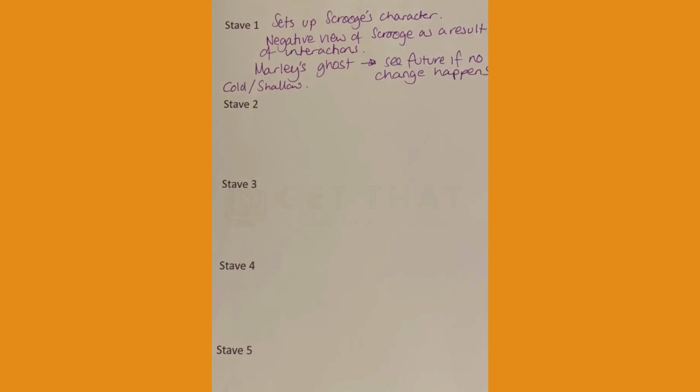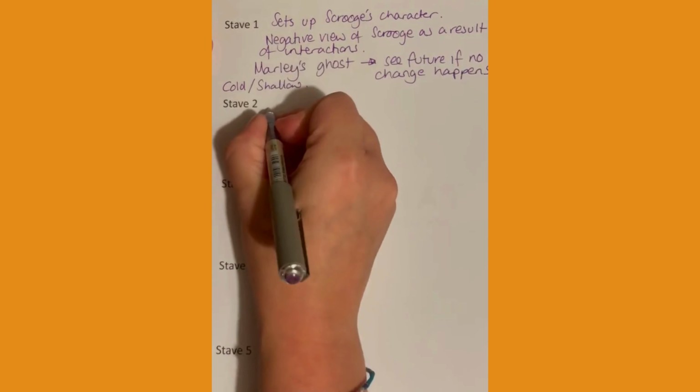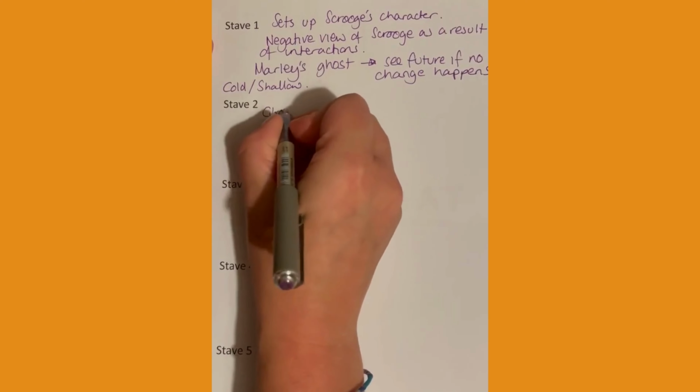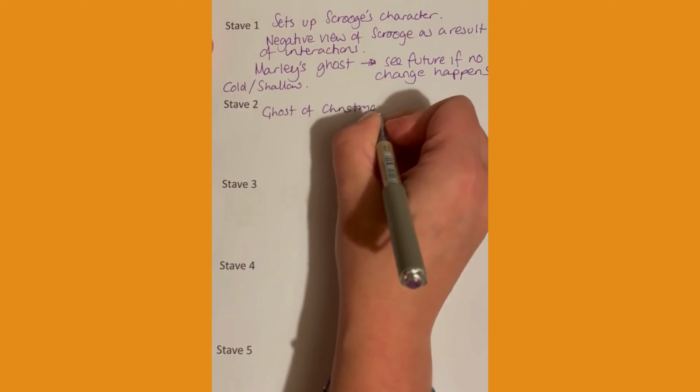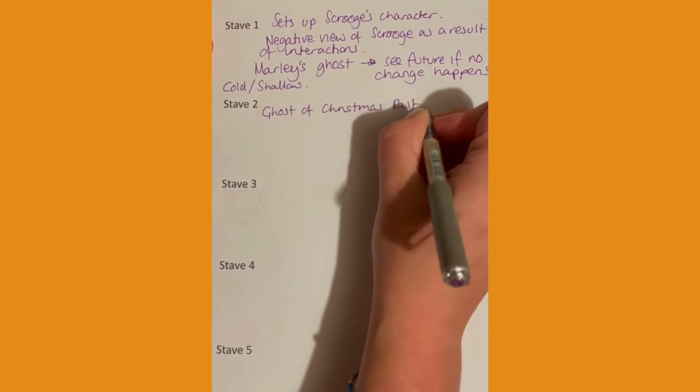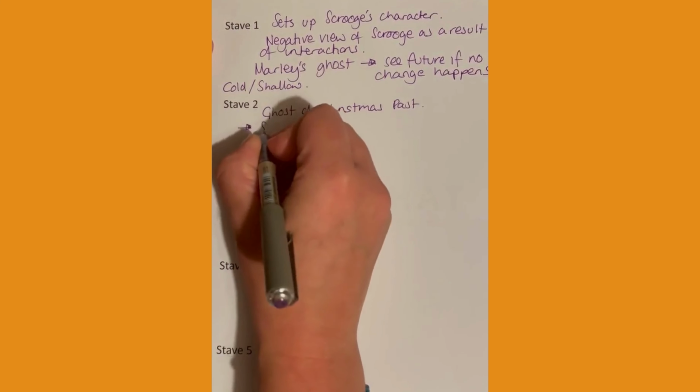And then in stave 2, we have the arrival of the Ghost of Christmas Past. And that ghost takes him to visit several places. The first place is Scrooge's childhood.